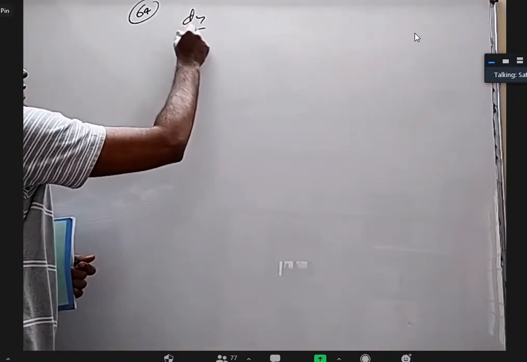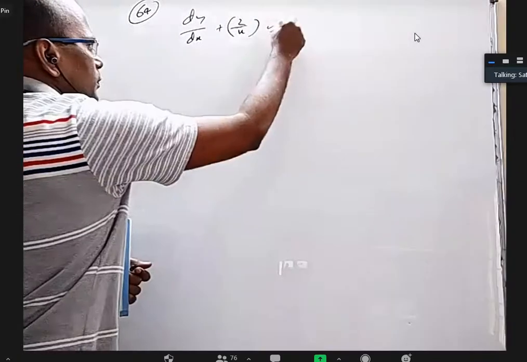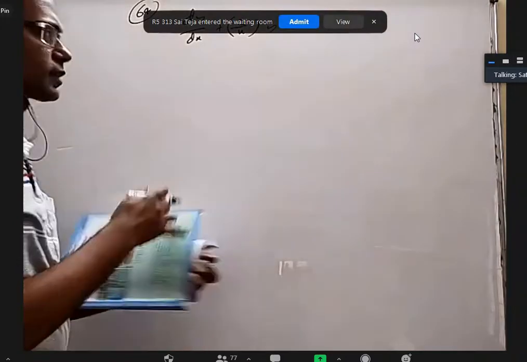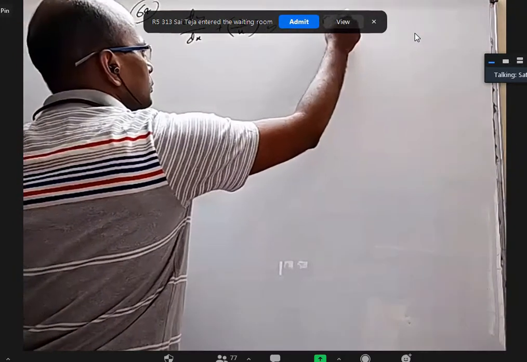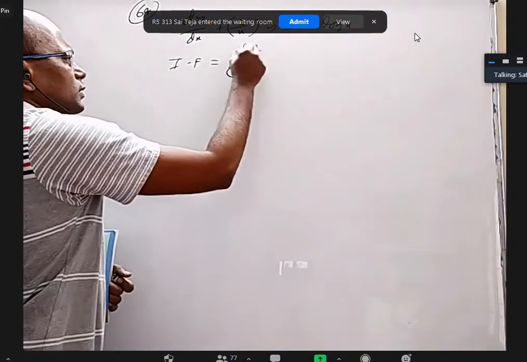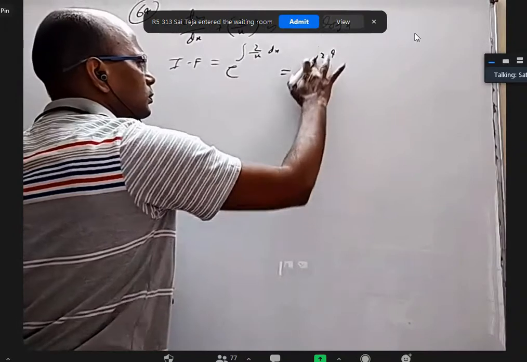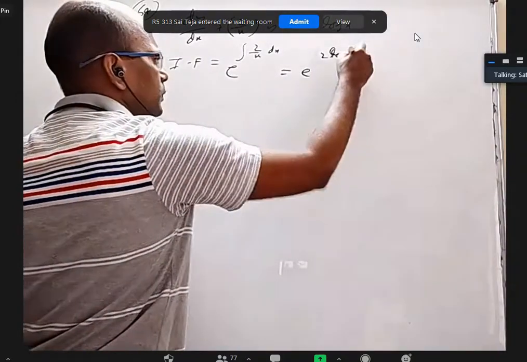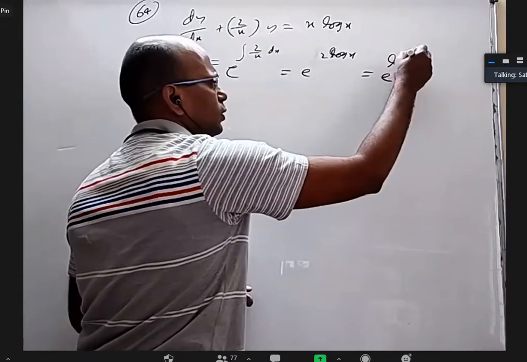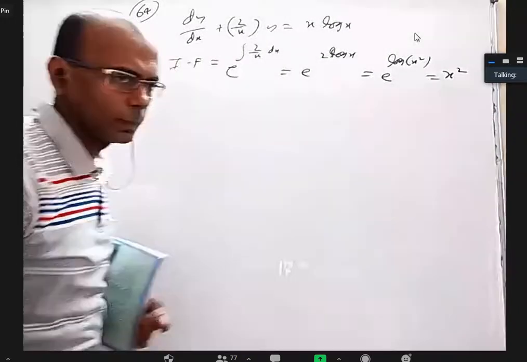When you divide with x, it is 2 by x into y equal to x log x. So integration factor is e power integral 2 by x dx, e power integral 2 log x. You cannot cancel this to take this 2 out. So e power log of x square, e and log will cancel, we get x square.